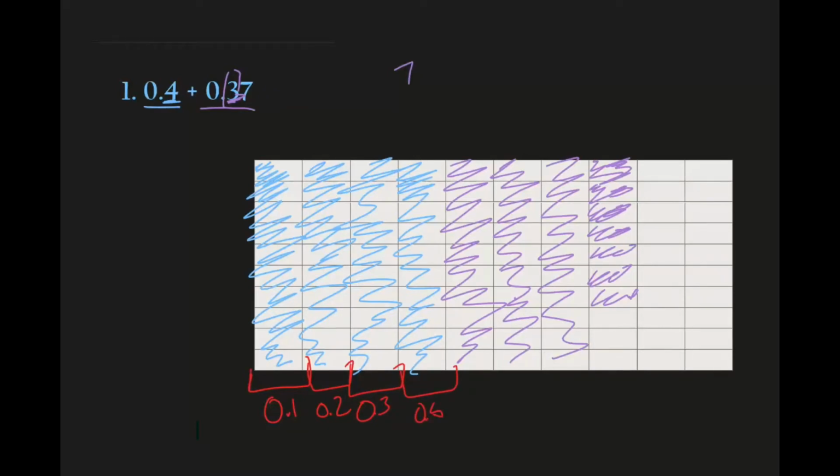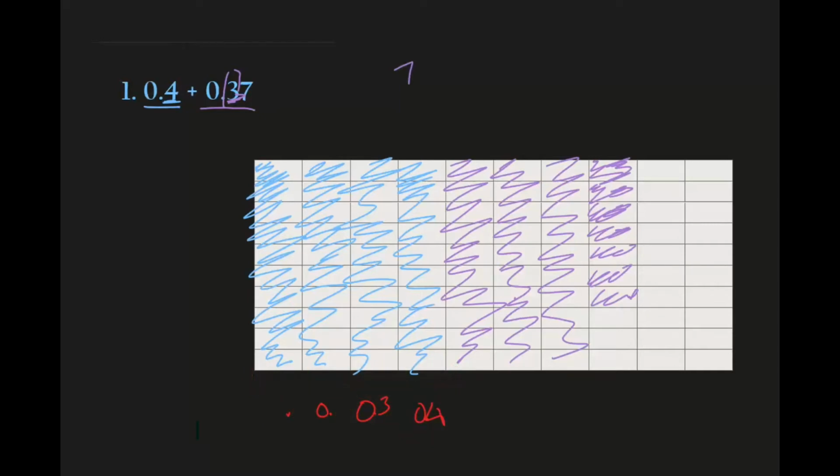So from here all the way to here is 0.4. That doesn't look like a 4, so I'm going to erase that and make it look like a 4. So there we go. So far we have 0.4.